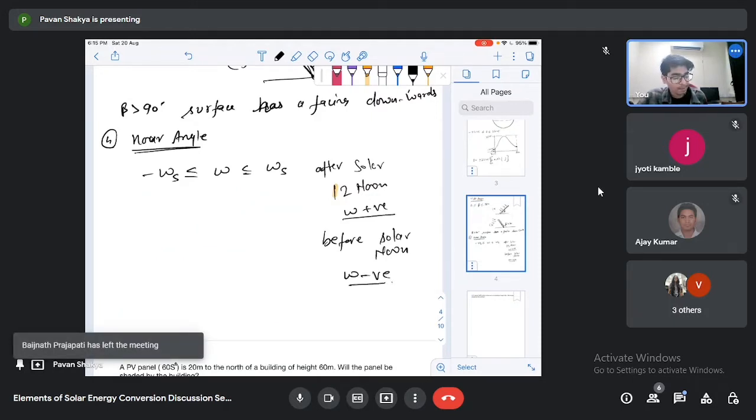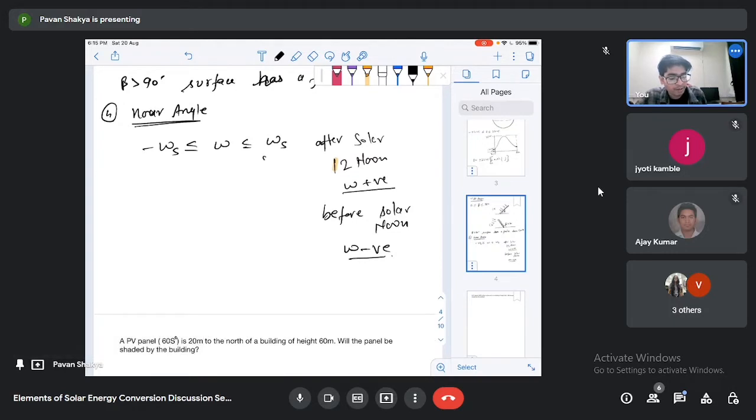So this omega s will be the sunset angle, and here we can say that this one is the sunrise angle.